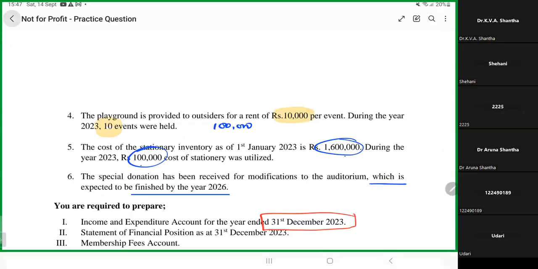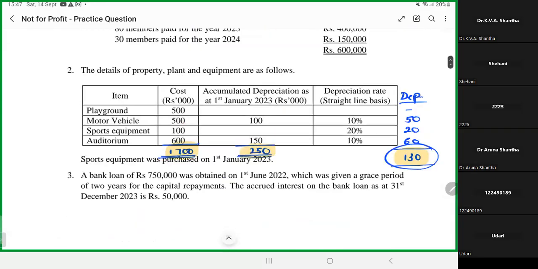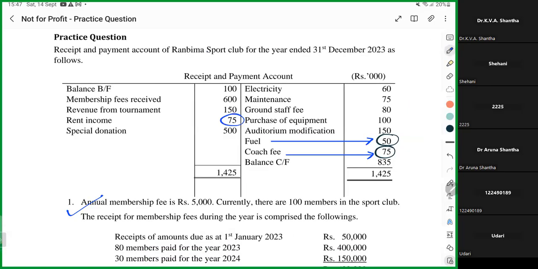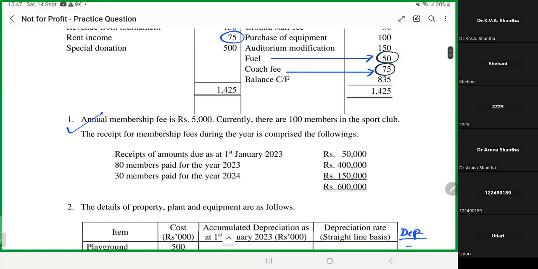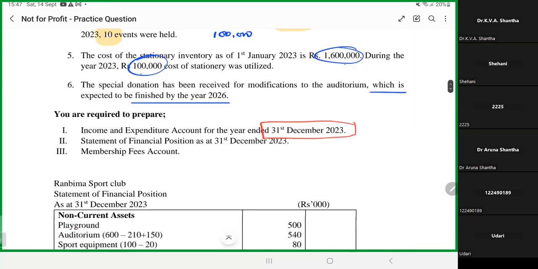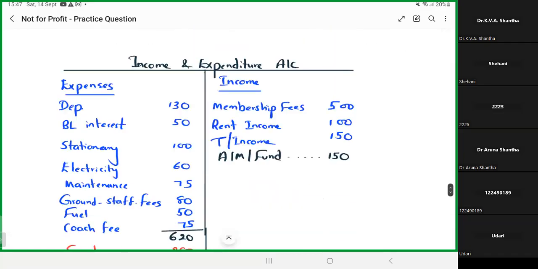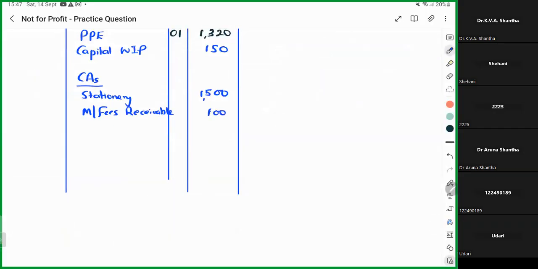But how much did you receive? 75. Then 25 is receivable. So we have two receivables: membership fees receivable 100 and rent receivable 25.